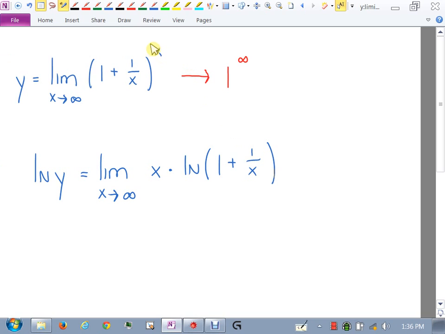I pulled that x down already. It's sitting in front of that natural log. Did I do too much in one step here? Just let me know. Okay. Now what?